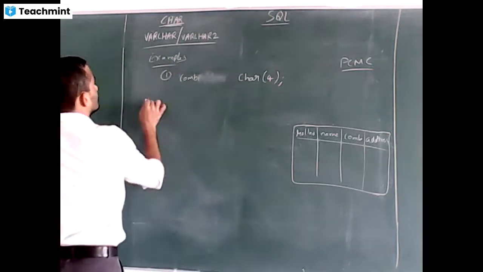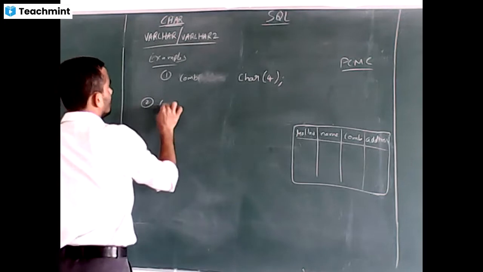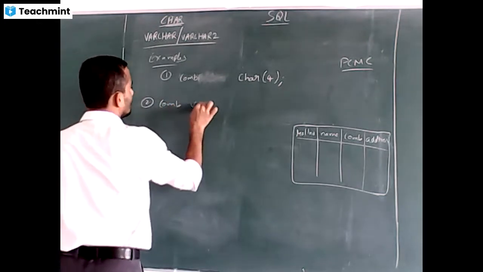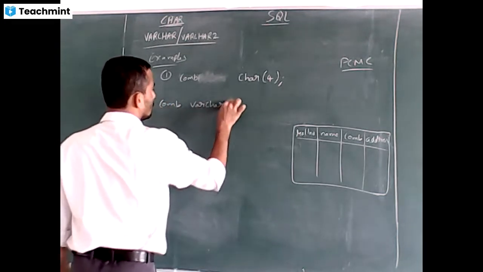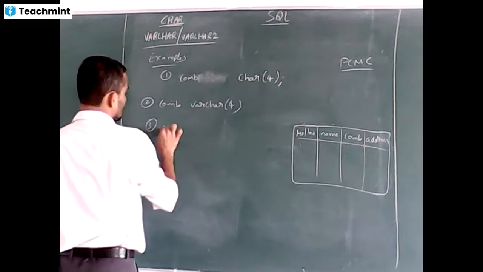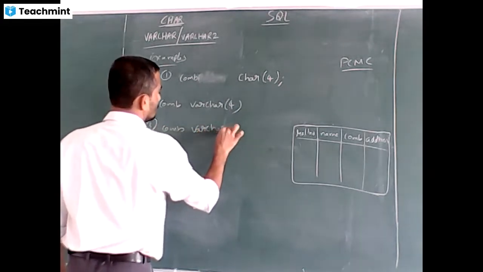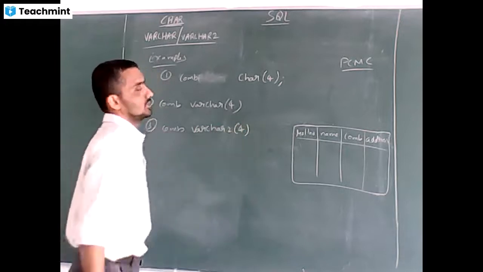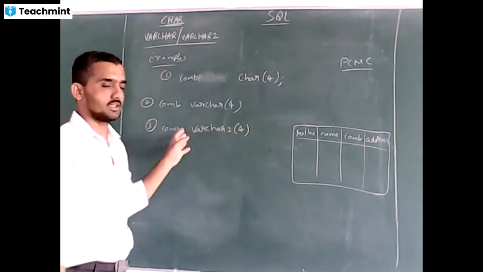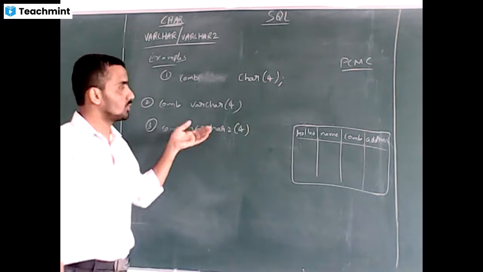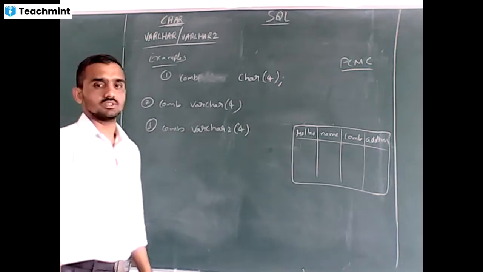Next, you can use VARCHAR of 4 or VARCHAR2 of 4 for COMB. You can use any data type, it doesn't matter. I said, with respect to memory level there is a difference, I will tell later.